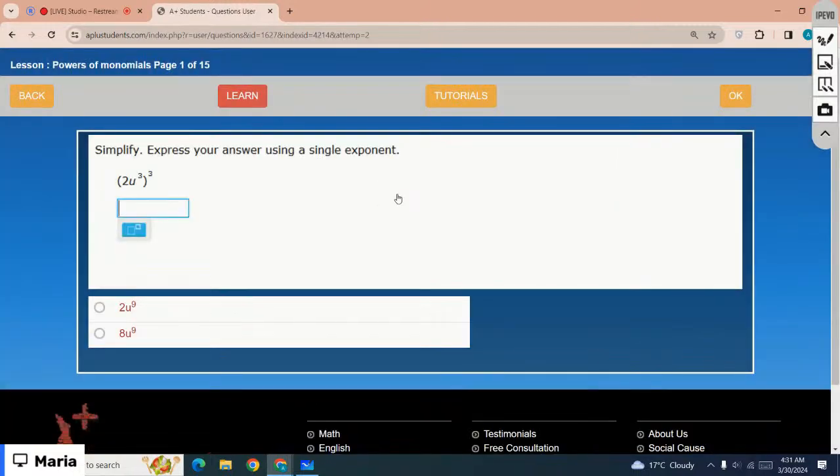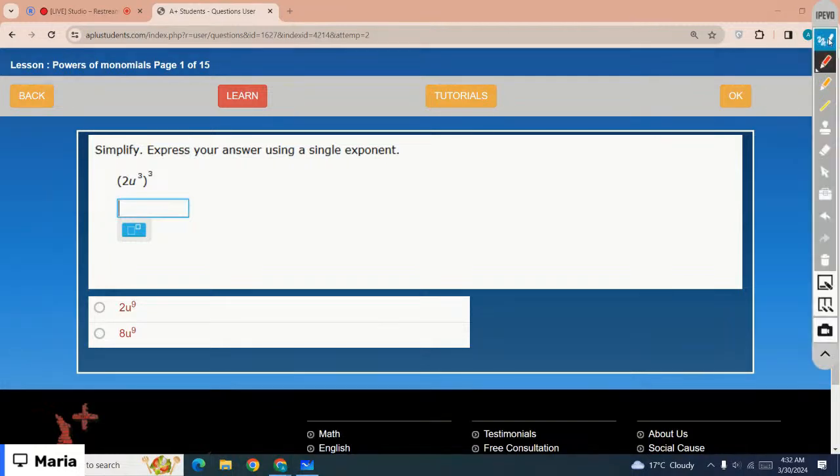Okay, so the first one is 2u cube whole cube, right? So basically, this is the exponent of both the things that are inside the bracket. It is like this, 2 cube and then u cube again cube, right? So 2 cube means 2 times 2 times 2, that is 8. And you need to multiply these two exponents, 3 times 3, so that is 8u9.